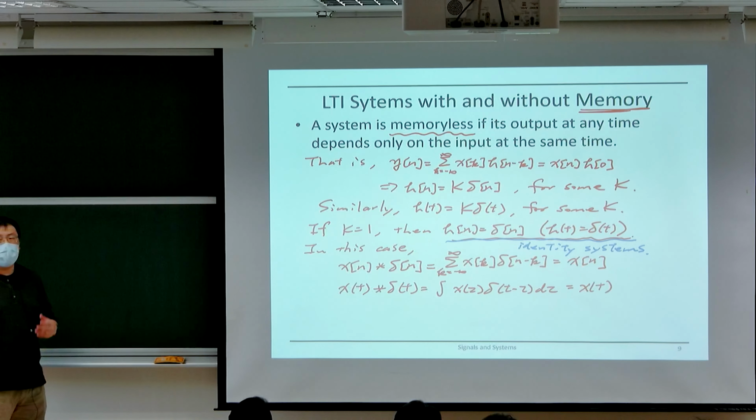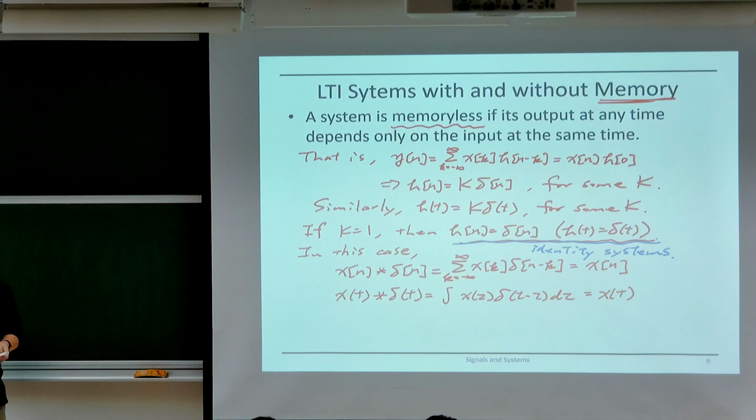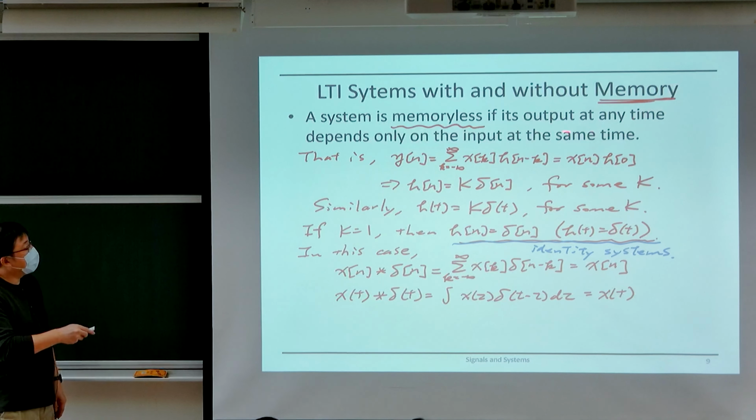Because of this, various properties of linear time-invariant systems should also be reflected in the form of the unit impulse response. So we started to go through a few properties, starting from the memoryless property.